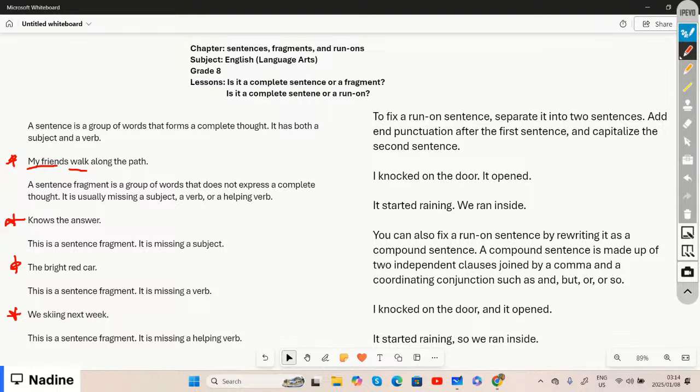And once again, we said a fragment is either missing the subject, or it's missing a verb, or it's even missing a helping verb.